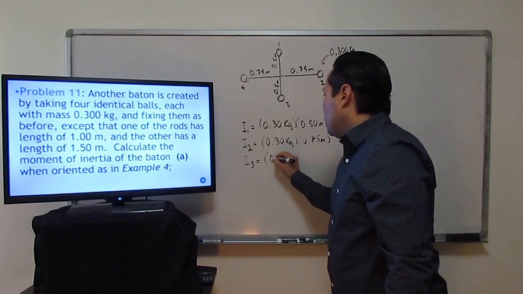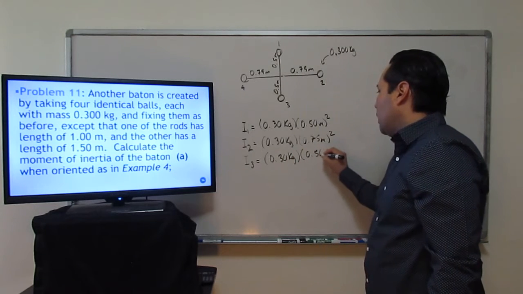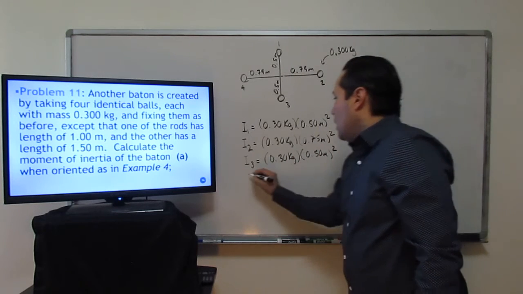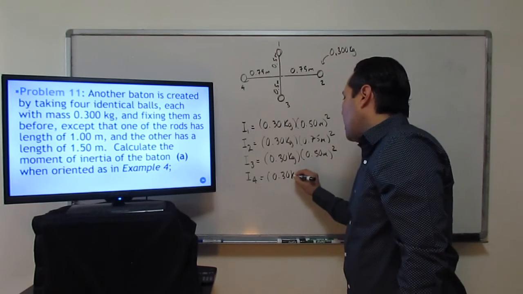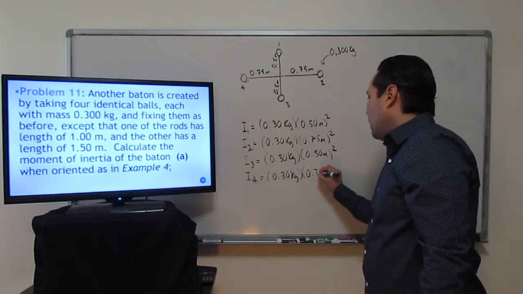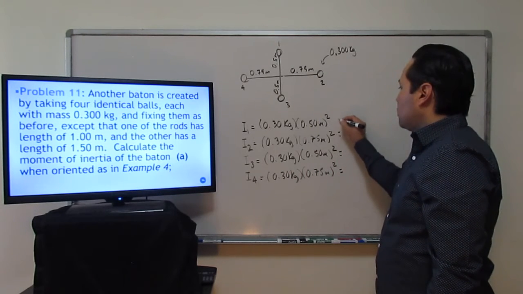For the third one, will look identical to the first one, since they're opposite each other on the rods. And the fourth one will look just like number 2, all of them with the same mass, but a little bit longer length of 0.75 meters from the axis of rotation.